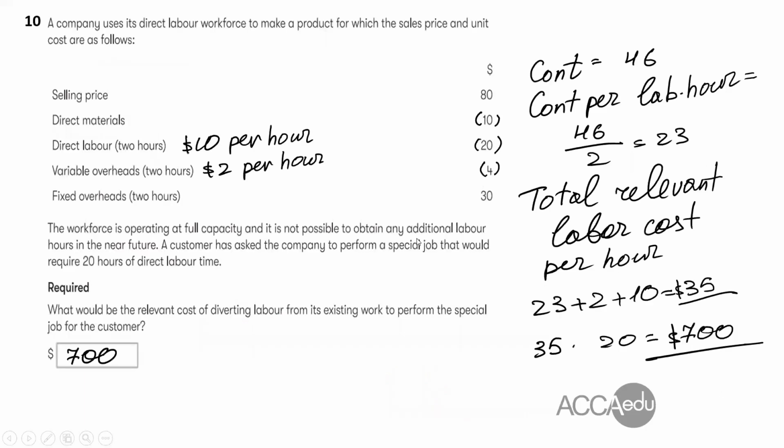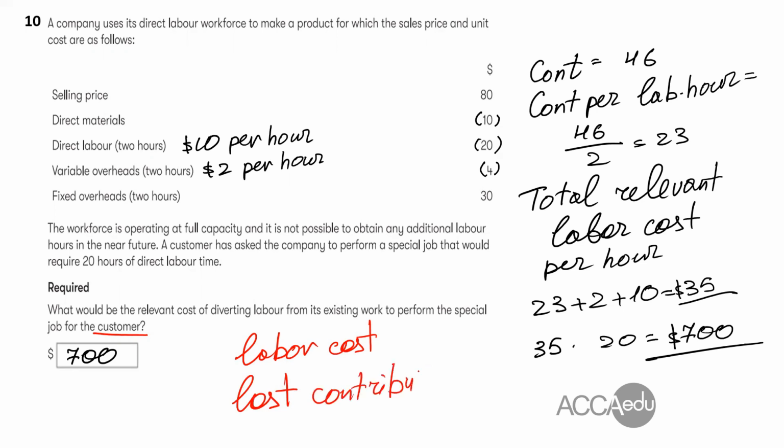For the 10th question, which is a very good one, relevant cost. What's the relevant cost of diverting labor from existing work to perform the special job for the customer? Relevant cost of labor is made up of two costs. Firstly, the labor cost for the new project. And then, if labor is working at full capacity, lost contribution.